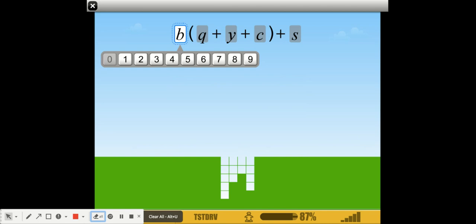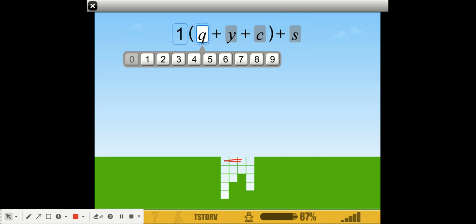This is the last one. Once again, we have that extra number here at the end, the S. So that means that this time the number that's on the end is our extra number. We only have one group of 3. So that means our B, the number that we're multiplying everything by, is going to be 1. And our Q, our first number, is 5.